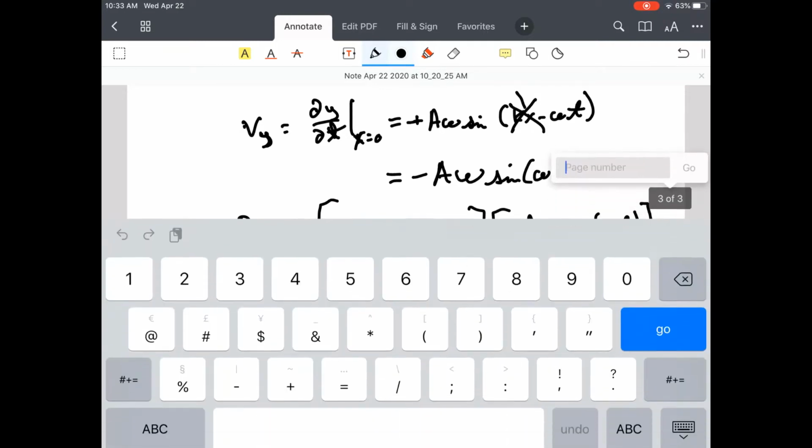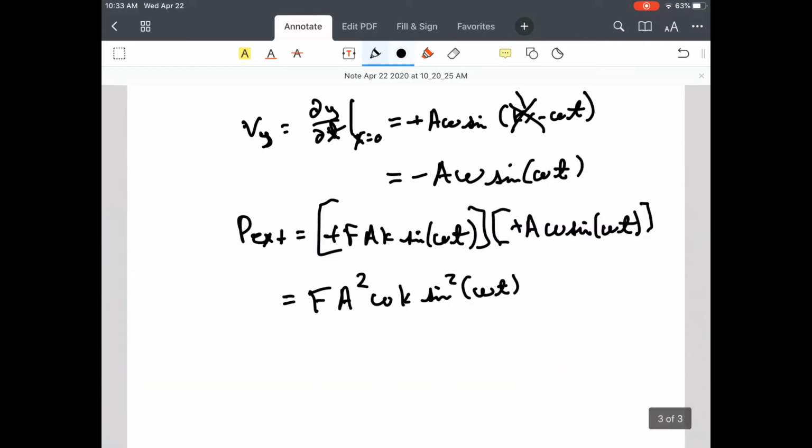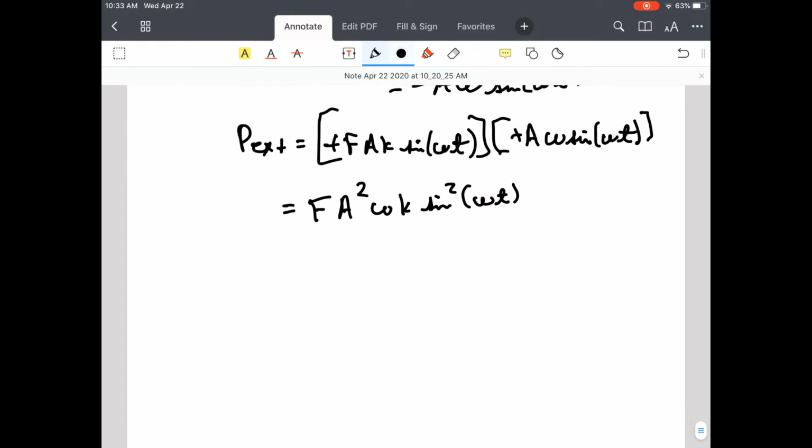And then just one more step, since we want to get this in the language of F and mu for the string, I want to get rid of k. So what I'm going to notice is that the velocity of waves in the string is simply omega divided by k. And I know for a string that that is the square root of F divided by mu.